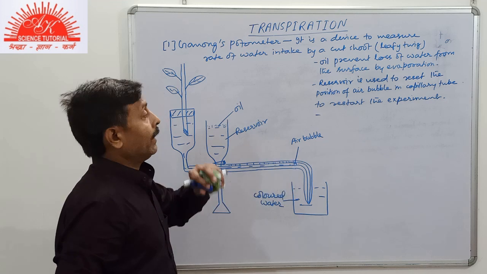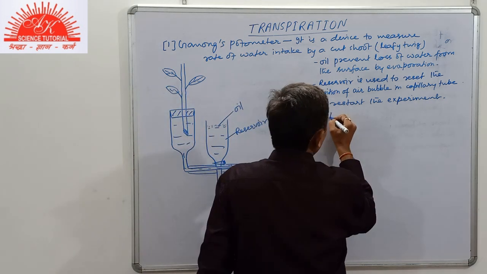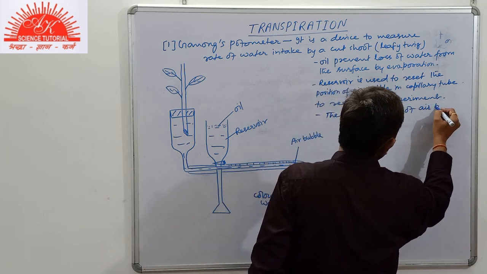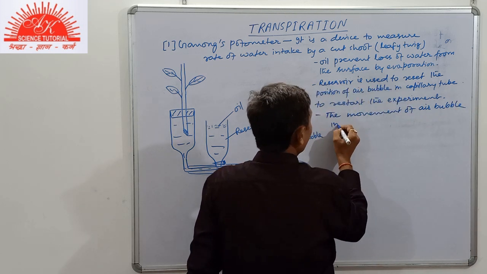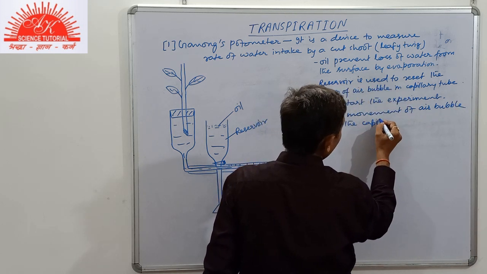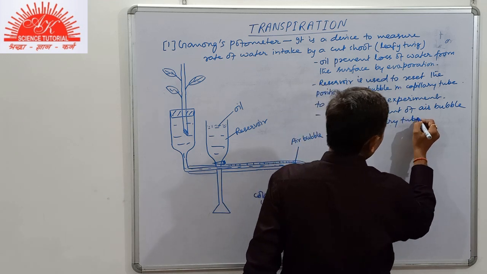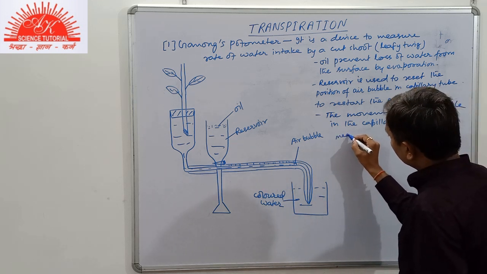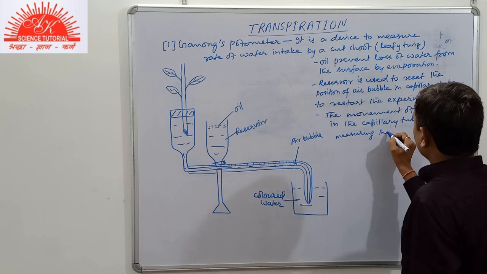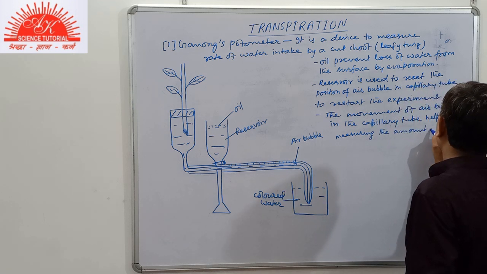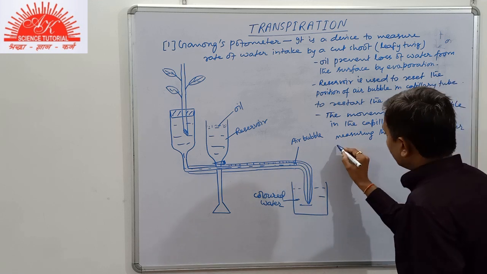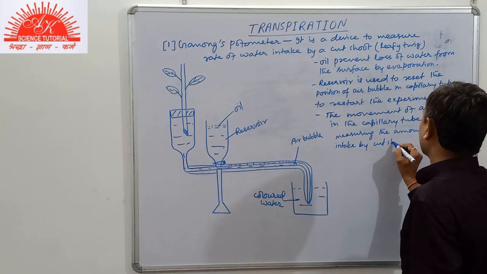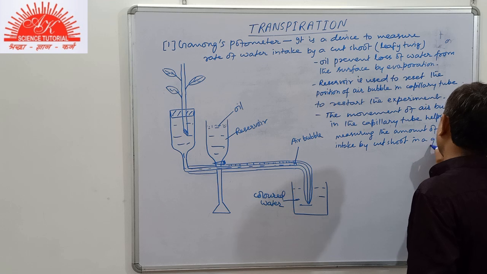Next, the air bubble. What is the role of air bubble? The movement of air bubble in the capillary tube helps in measuring the amount of water intake by cut shoot in a given time.